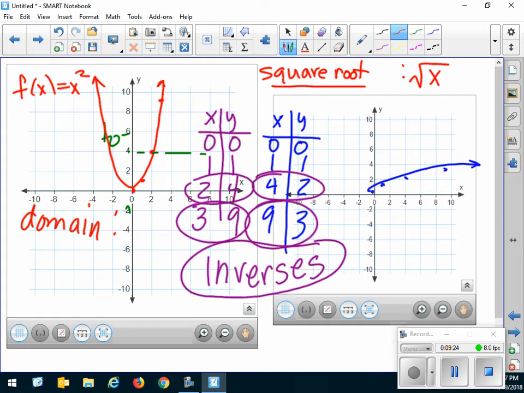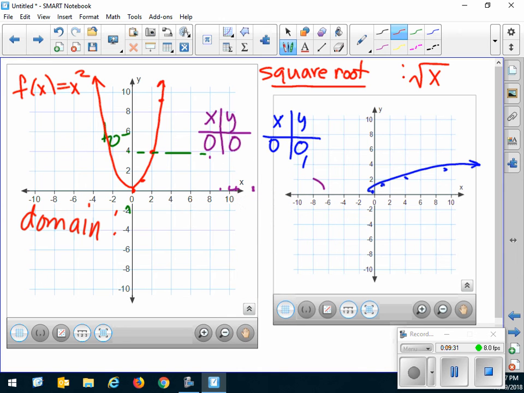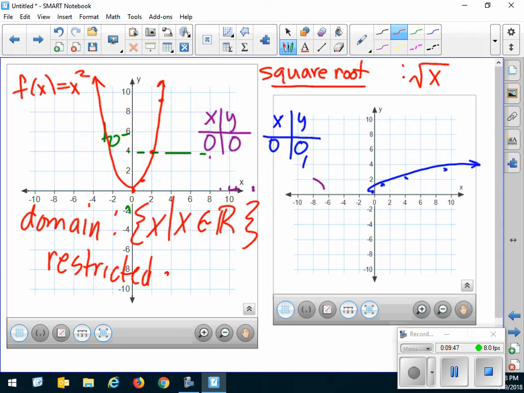Now, do you remember how we write that? X such that x is an element of the real numbers. And then below that, it says restricted domain. The restricted domain was to make this graph pass a horizontal line test.